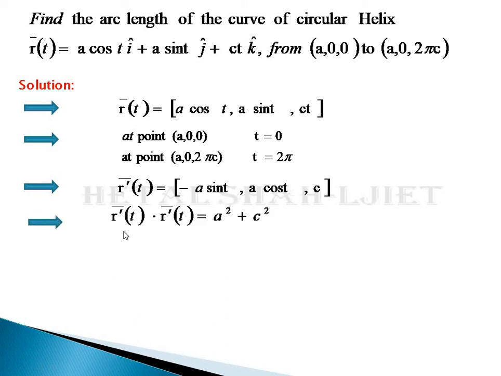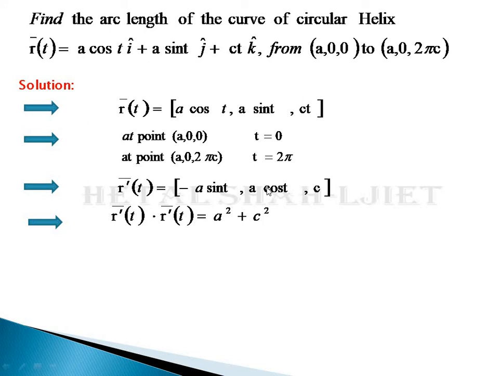Now the dot product of this derivative, r dash t dot r dash t: first term into first term, that is minus a sin t into minus a sin t, that is a square sin square t.